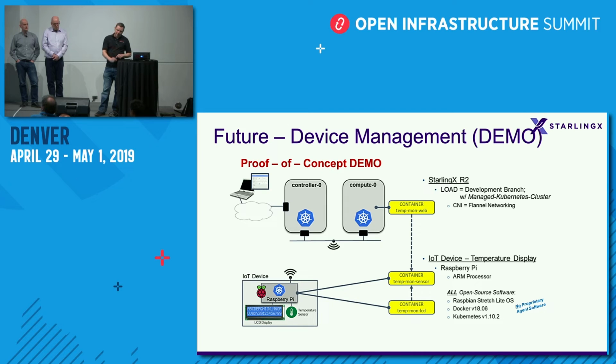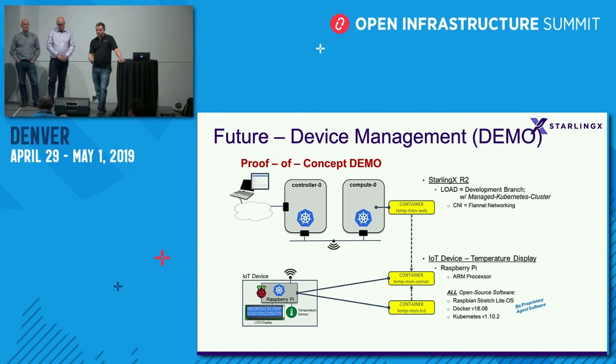So I'm going to join the Raspberry Pi into the StarlingX cluster, and then I'm going to deploy a simple multi-container application, a microservices architected application. I've got a bunch of containers that do small activities. I'm going to launch 2 containers on the Raspberry Pi, one that's going to monitor the temperature sensor and provide a messaging interface to the other containers.